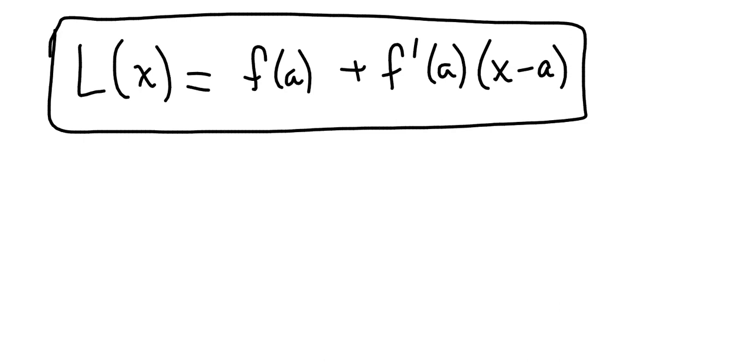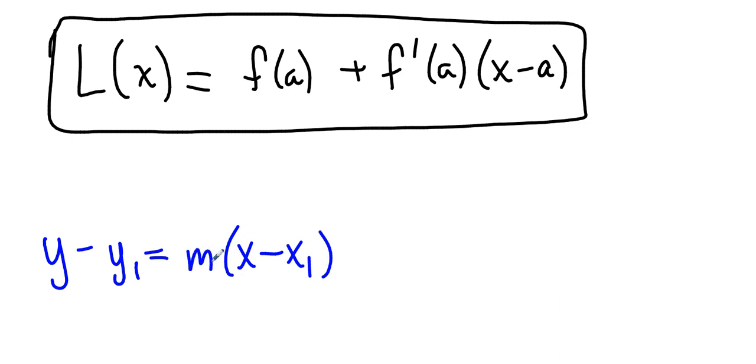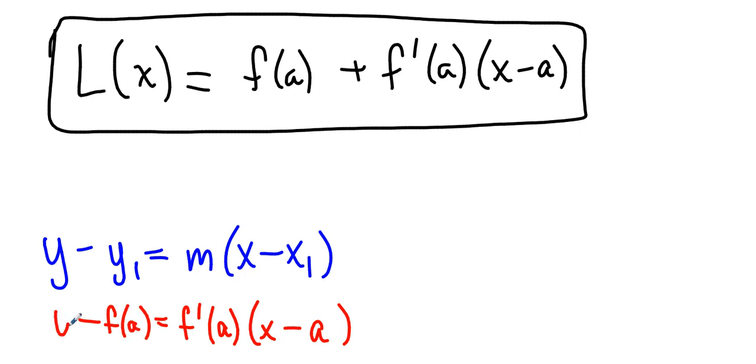How do we find the equation of a tangent line? Well, that's y minus y1 equals x minus x1 multiplied by the slope. But what is that slope? Well, that slope is f prime at some special point. And what is that special point? Well, that special point is a. And what's the y value? Well, the y value is f of a.